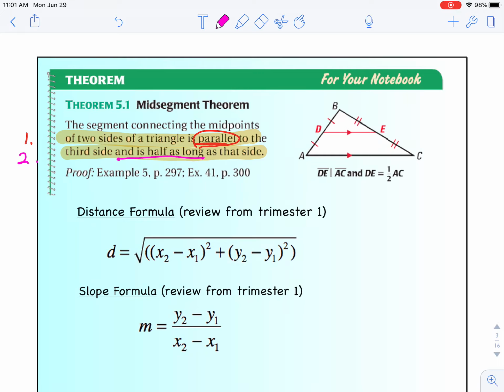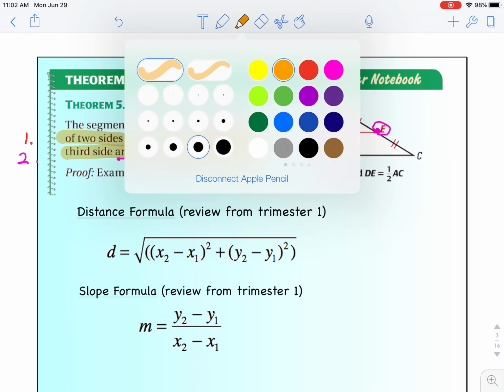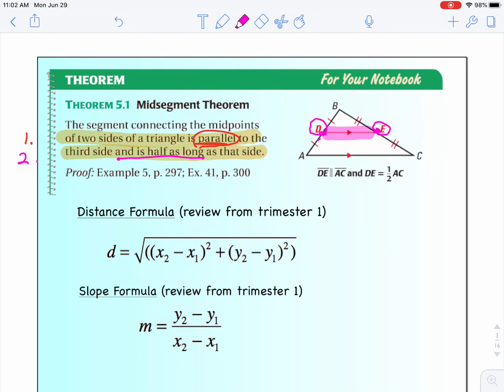So DE, we can see that DE is a midsegment. How do you know it's a midsegment? Because D is marked that way: you can see DB is one tick mark and DA is one tick mark, so that is a midpoint. E is marked the same way, so BE is the same length as EC, so E is a midpoint. These are both midpoints, and those midpoints form this midsegment right here.